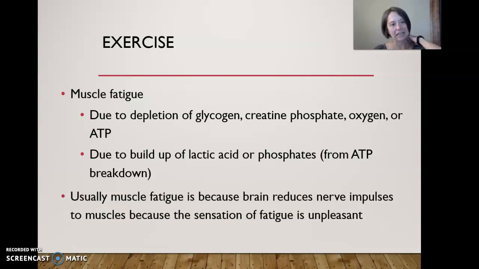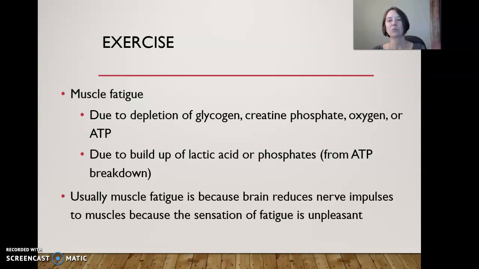However, that is technically when your muscles are fatigued, but you feel fatigued way earlier than that. Basically, you get muscle fatigue because your brain says, this feels unpleasant, so let's just not work so hard. Usually muscle fatigue is because the brain reduces nerve impulses to muscles because the sensation of fatigue is unpleasant.